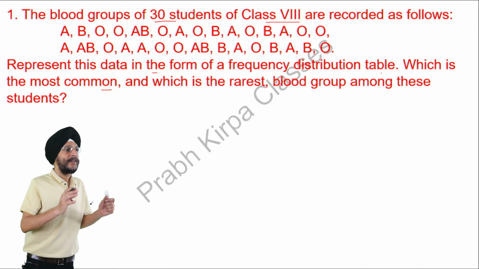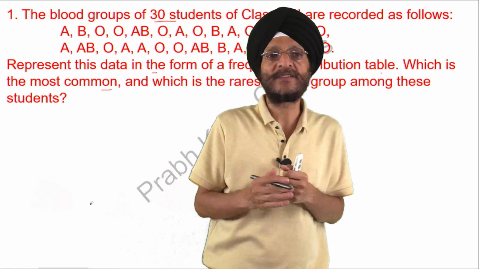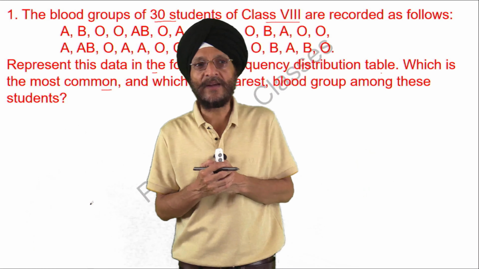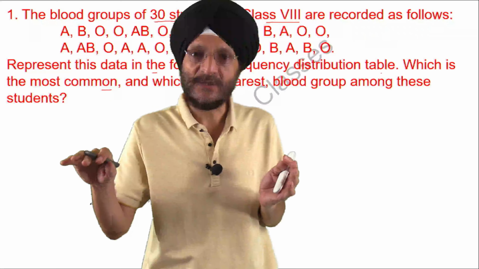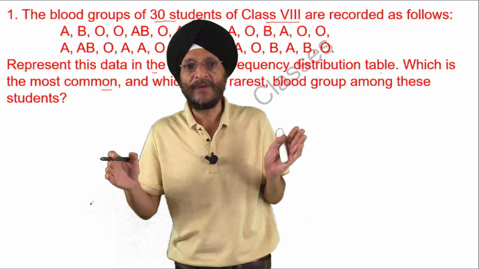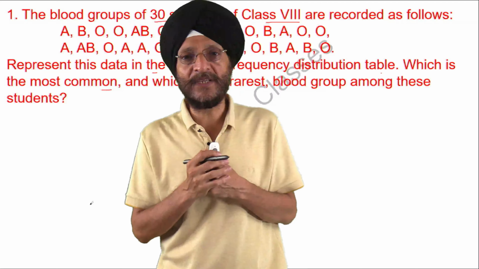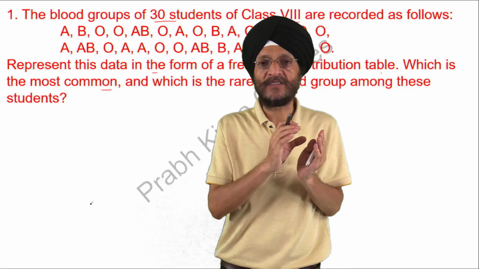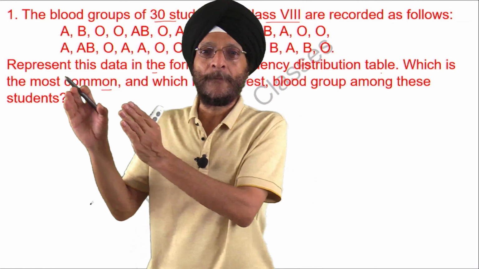In this question, it is given that there are many students in the class and the blood groups of all these students have been recorded. We have been asked to form a frequency distribution table. A frequency distribution table means how many students have a particular type of blood group.